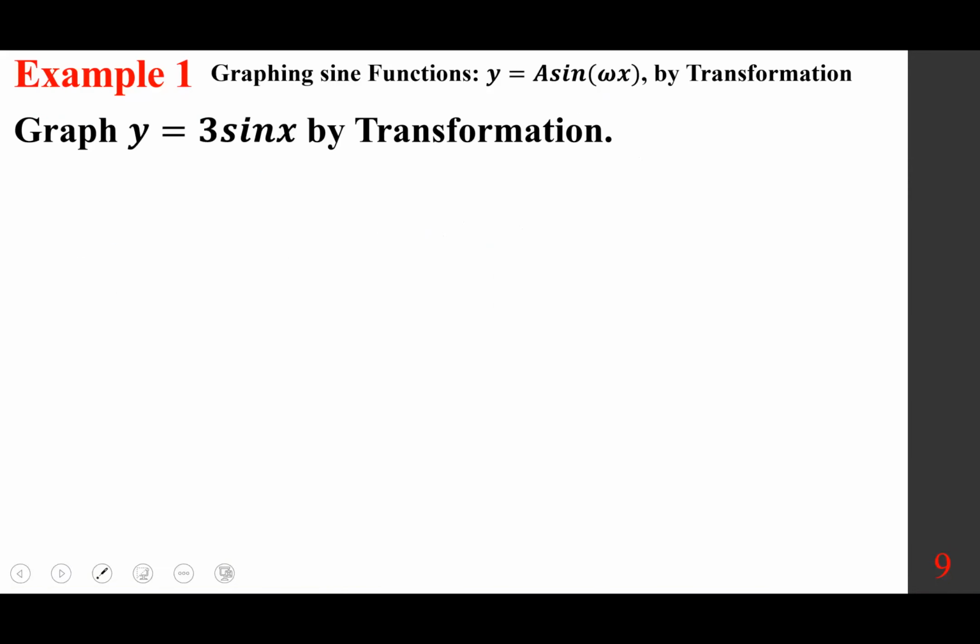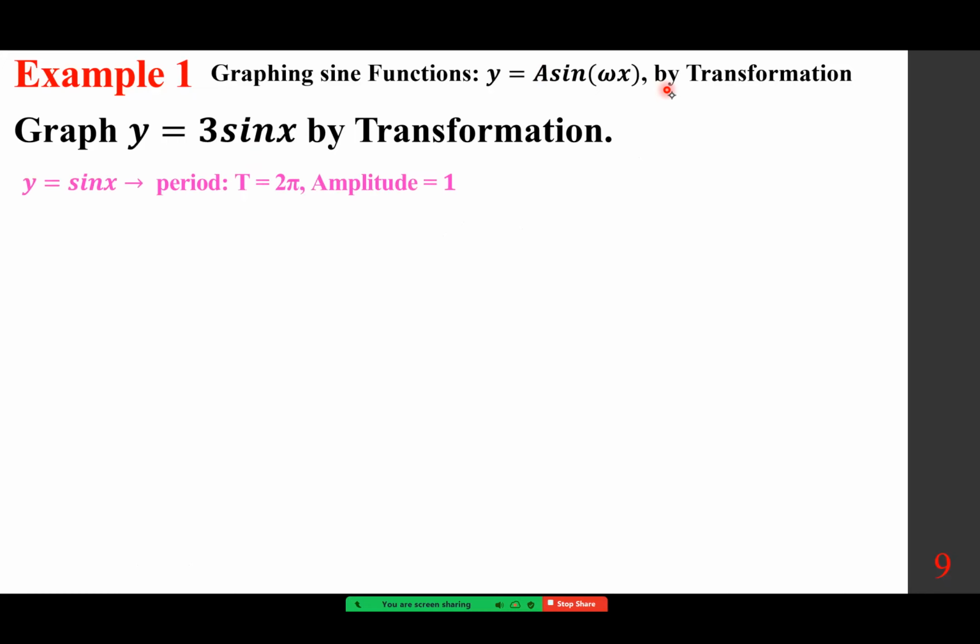So we want to graph y equals 3 sine x by transformation, or this one in general. Well, we know that the period T is 2 pi and the amplitude is 1 if we have y equals sine x.